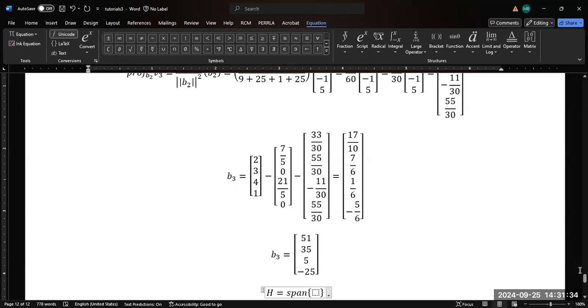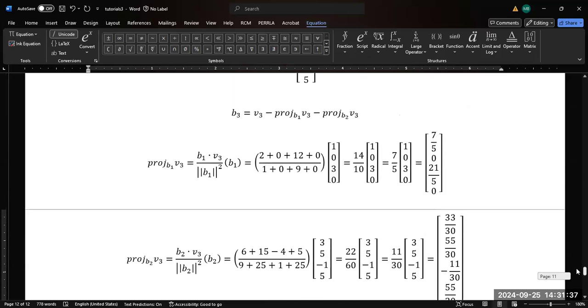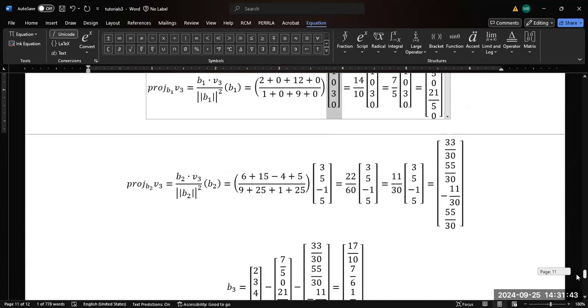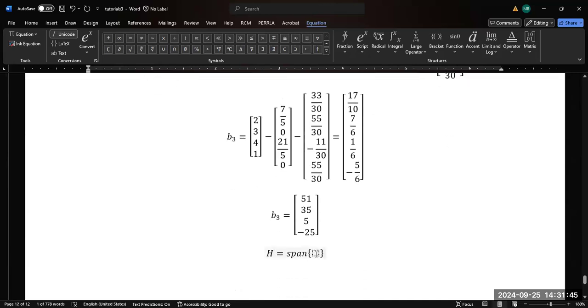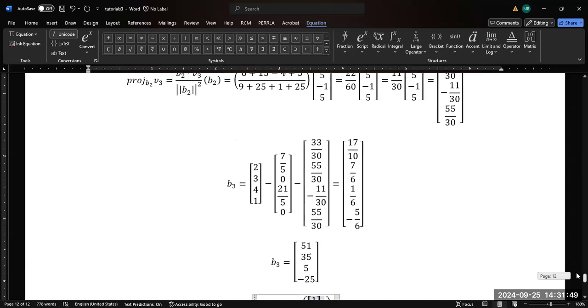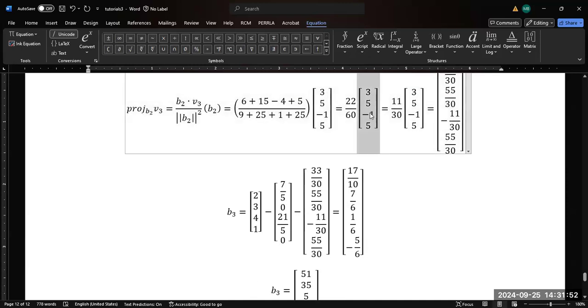The span was my original 1, 0, 3, 0 vector. And then my second vector was this guy.